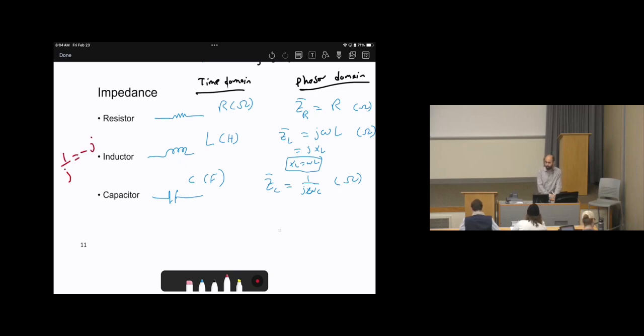That's one of the complex number properties. So we can say 1 over j omega C is actually -j times 1 over omega C. Sometimes we can denote X C by 1 over omega C. So Z C bar can be rewritten as negative j X C.